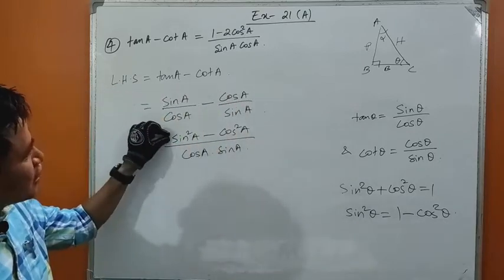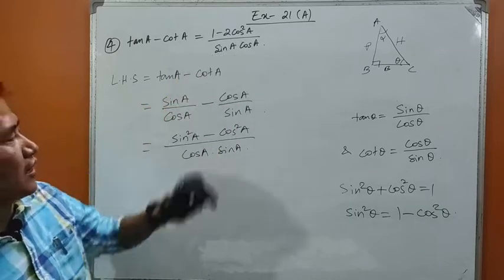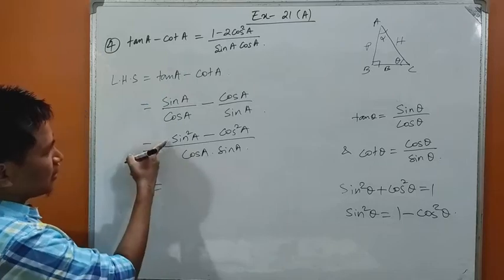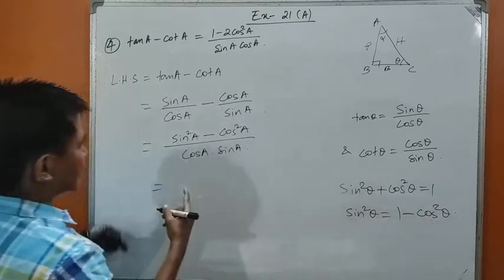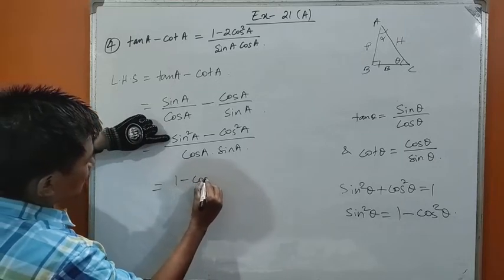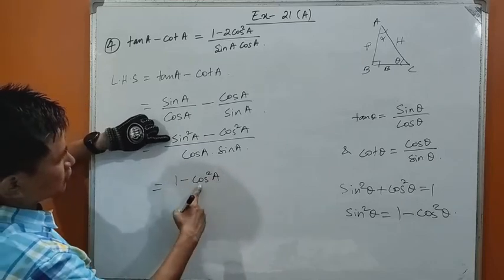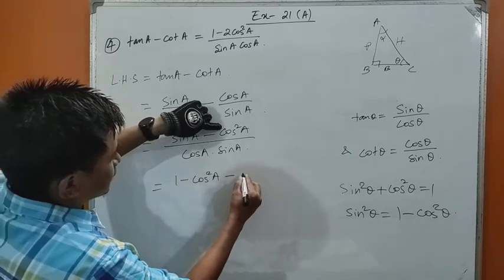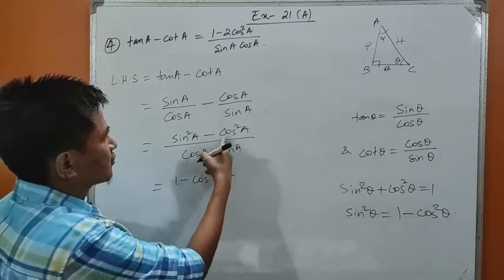So instead of this sin square theta, I write 1 minus cos square theta, because I need cos square A, isn't it? So instead of this sin square A, I write 1 minus cos square A. This sin square A is 1 minus cos square A minus this is cos square A, isn't it?